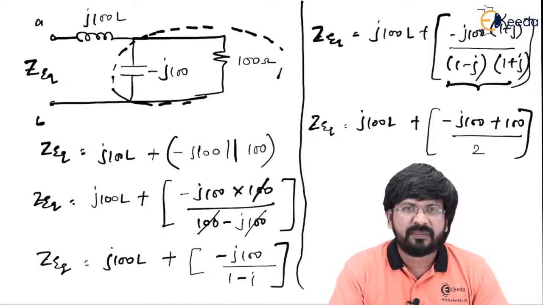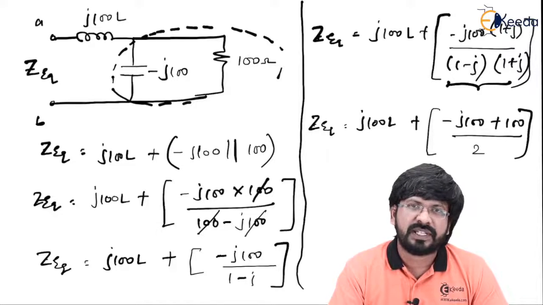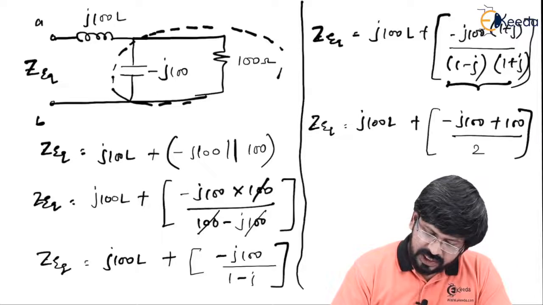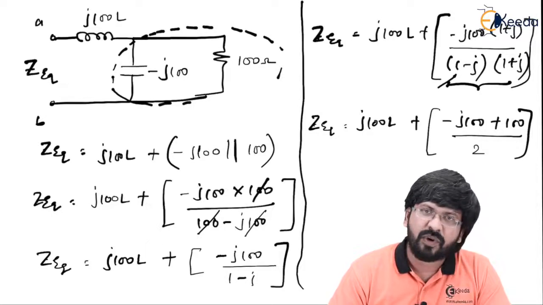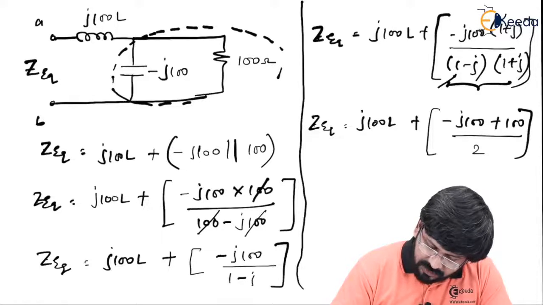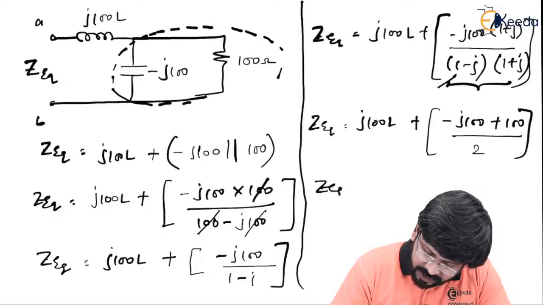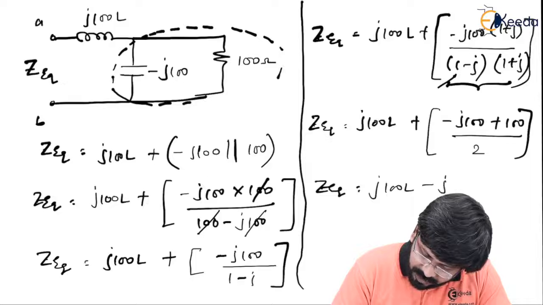But if it is a plus jb into a minus jb, it is always equal to a square plus b square. In this case, in the denominator a equal to 1 and b is 1, which is in fact 1j. Therefore the denominator becomes 2. So I can write Z equivalent as j100L minus j50 plus 50.